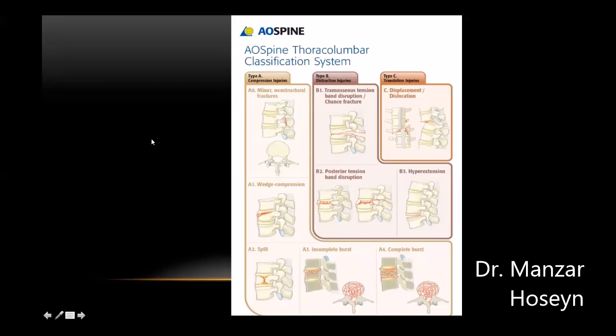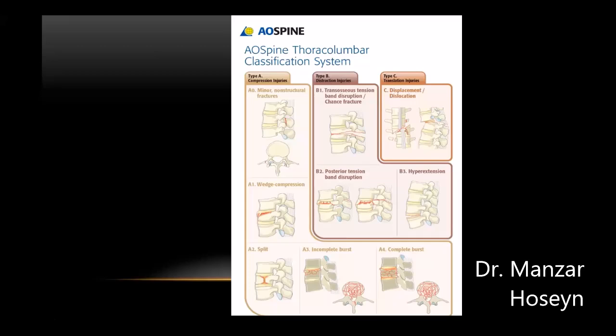The other classification system in use is the AO classification system. It has three components: the A fractures, the B fractures, and the C fractures. The A fractures also have subtypes. In the thoracolumbar classification, there were no subtypes. They were just compression, burst, distraction injuries, and translation injuries.